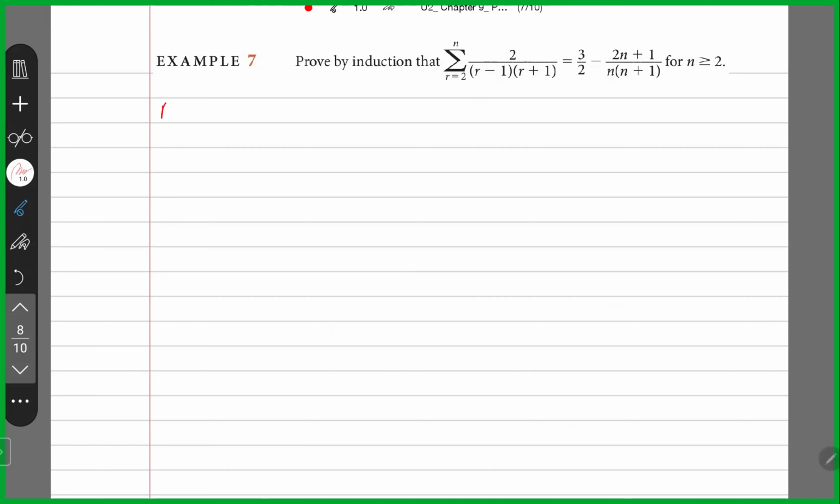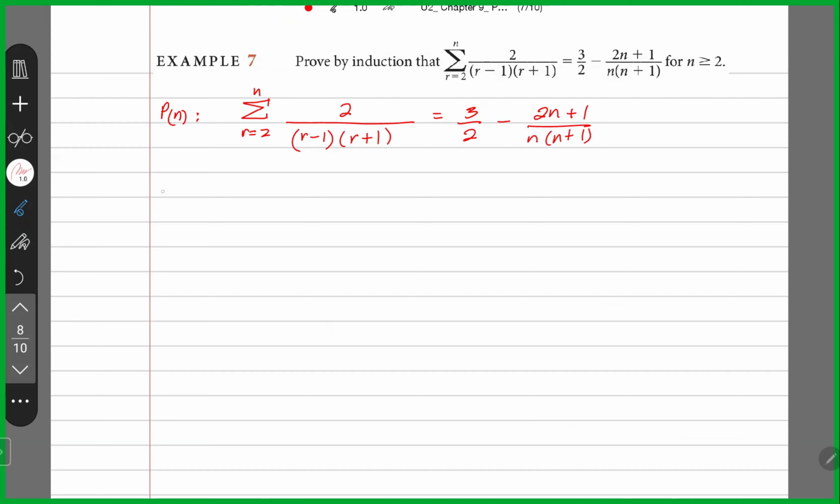So I'm starting out with the statement that Pn is going to be the statement that the summation from r equals 2 to n of 2 over r minus 1, r plus 1 is equal to 3 over 2 minus 2n plus 1 over n into n plus 1.